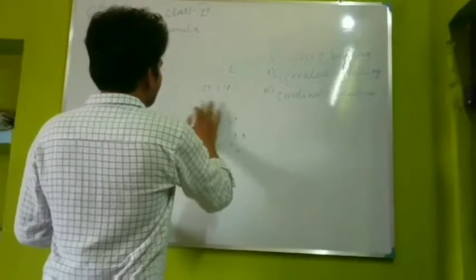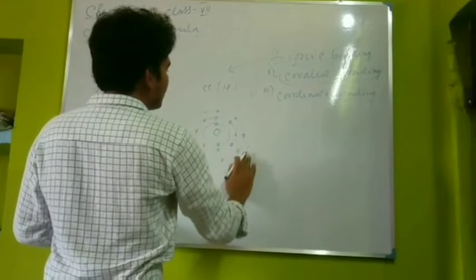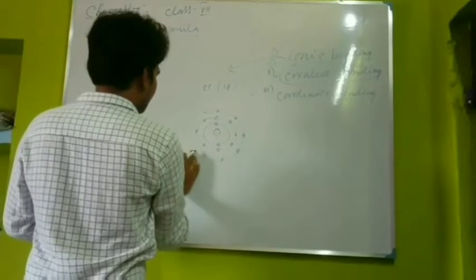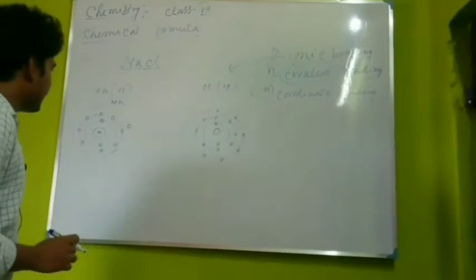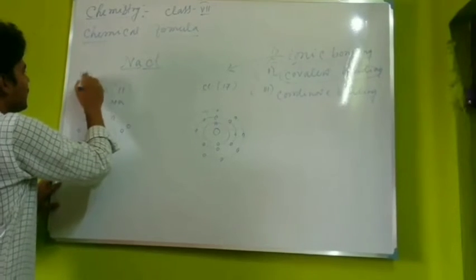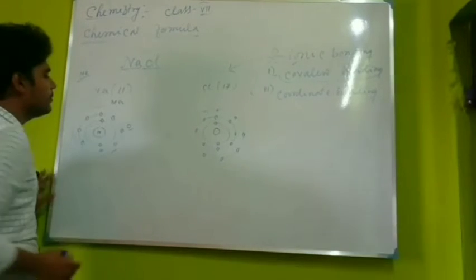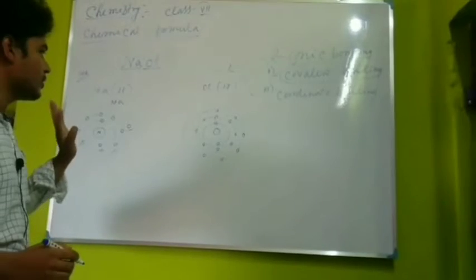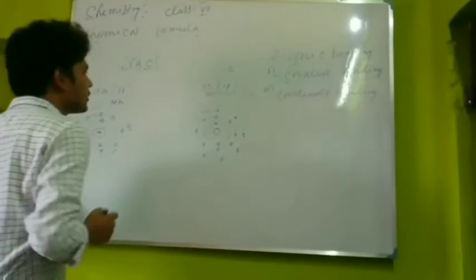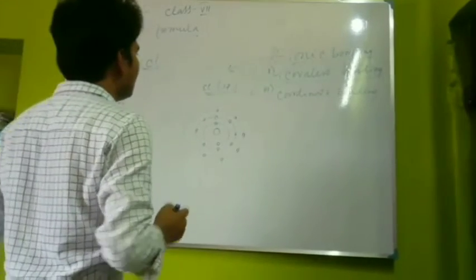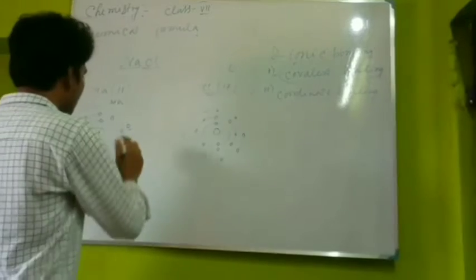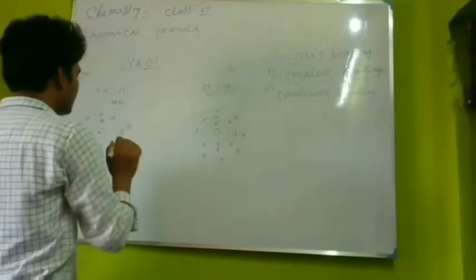Okay, so in this electronic configuration, sodium gets the electronic configuration of neon if it gives its outer shell electron. And chlorine converts to the electronic configuration of its nearest inert gas if it takes one electron from here.